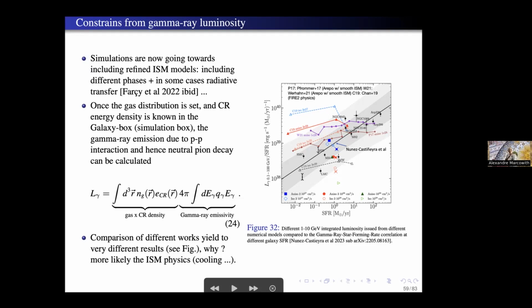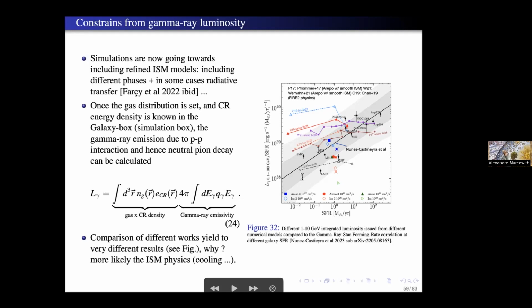It has observed many galaxies and reports the luminosity between 0.1 and 100 GeV as a function of the star formation rate. There is a kind of correlation, and our Milky Way is here, more or less around M31.